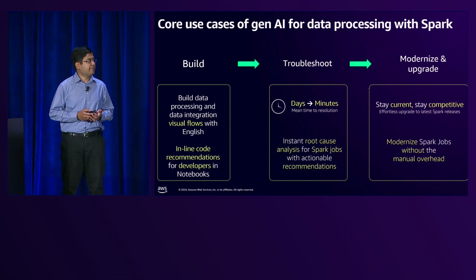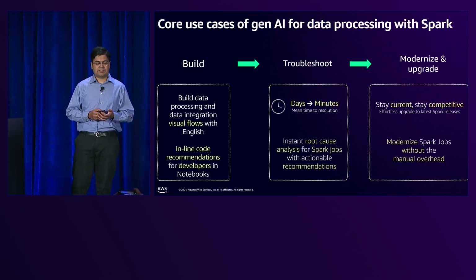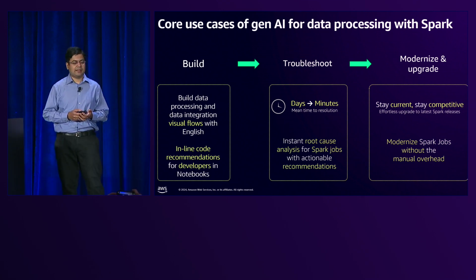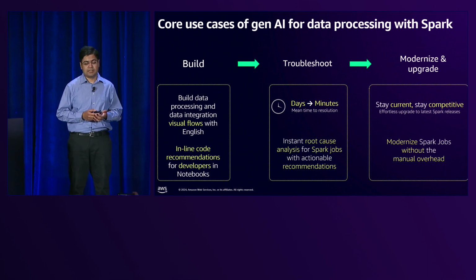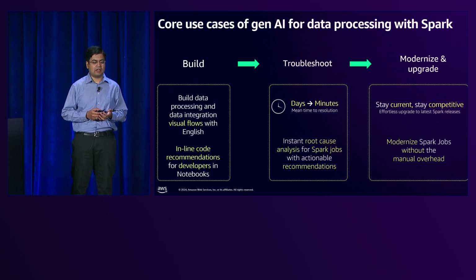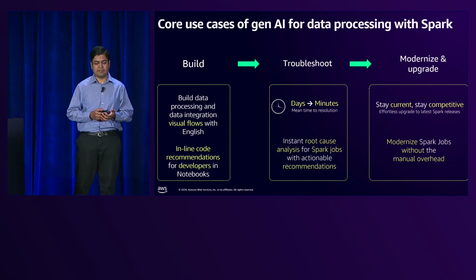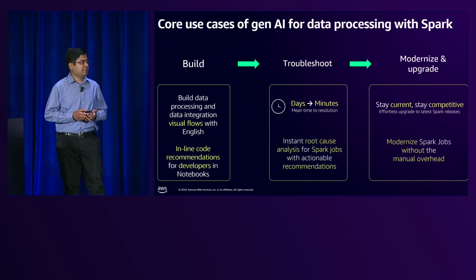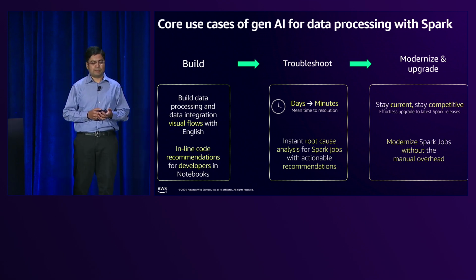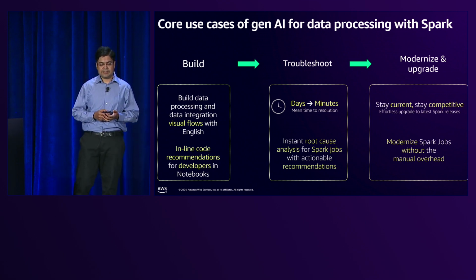The second capability which we are launching this year is simplifying troubleshooting experience. And as I mentioned earlier, since Spark is distributed, it could take days or at least hours to debug complex application failures. With this capability, we can provide instant root cause analysis for Spark jobs with actionable recommendations.